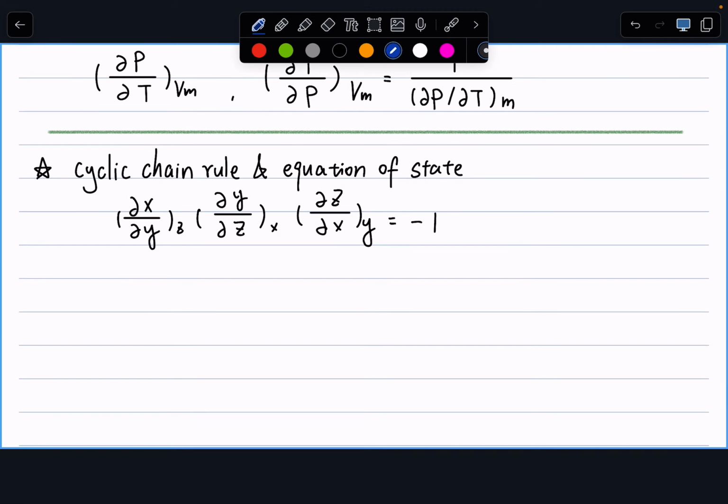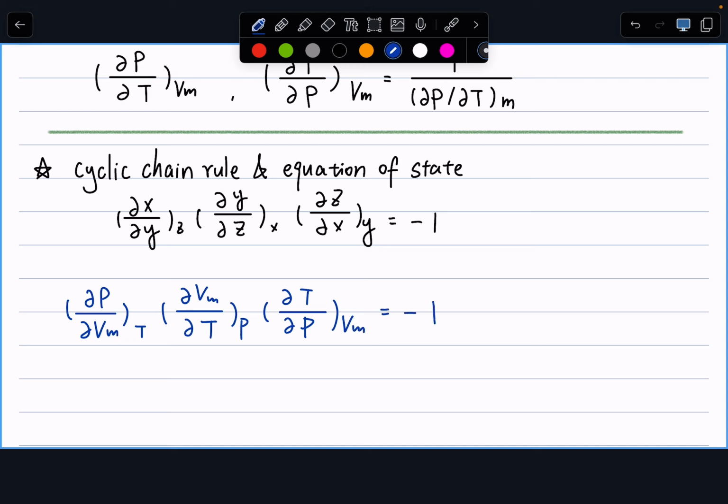So if we put in our pressure, molar volume, and temperature, we get the partial derivative of pressure over Vm at constant T times the partial derivative of Vm over T at constant P times the partial derivative of T over P at constant Vm, and that equals -1.